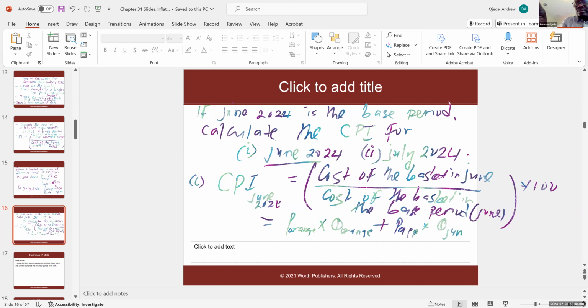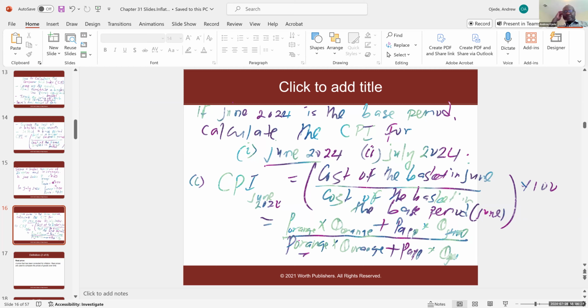Then you divide this by the price of an orange in June, because the base year is June, times the quantity, plus the price of an apple in the base year period times the quantity. You don't have to write the quantity separately, because the quantity is fixed in every period. And then you multiply this by 100.